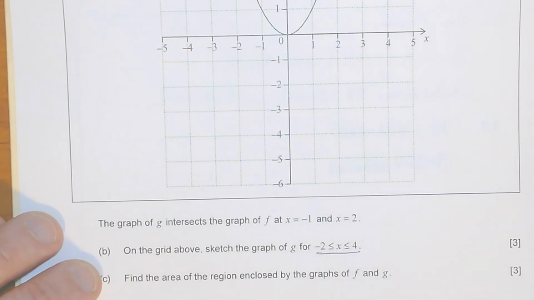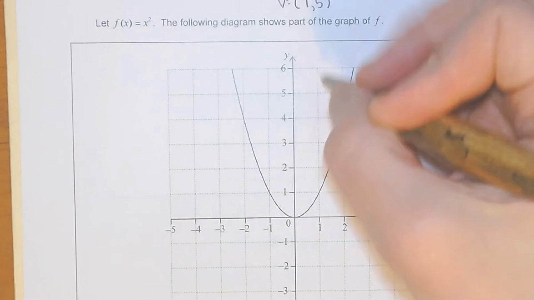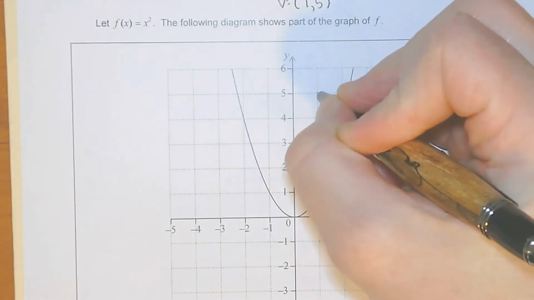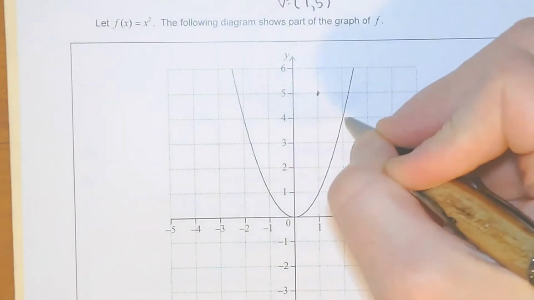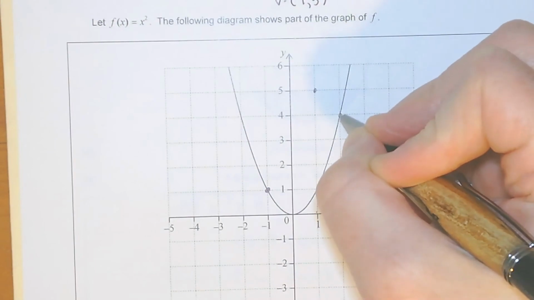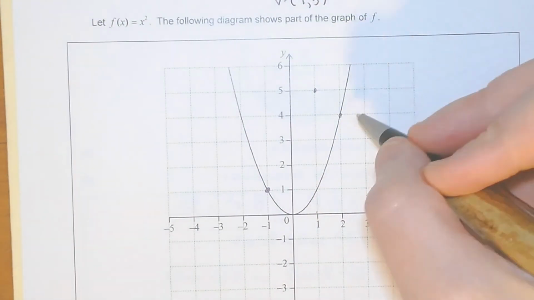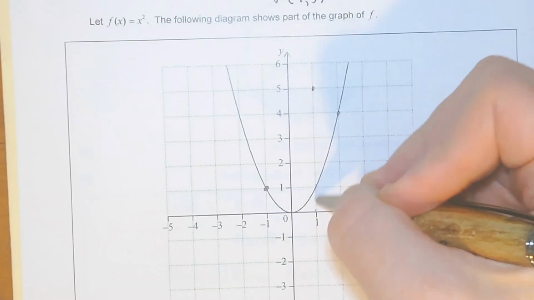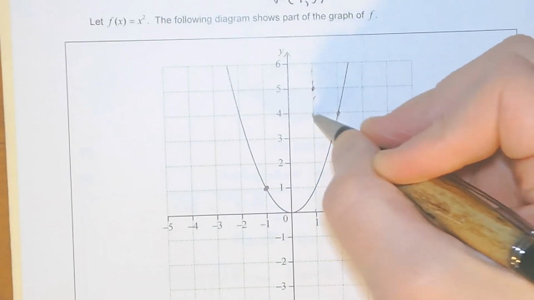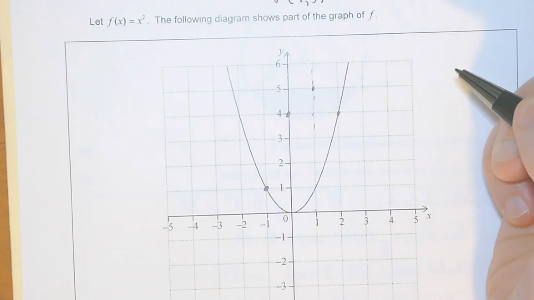So first off, I'll go ahead and mark my vertex up here at the point 1, 5. It intersects right here at -1 and at positive 2. So I know it's going to intersect there. The line of symmetry will go down through here, so I know that I'll have a y-intercept of 0, 4.